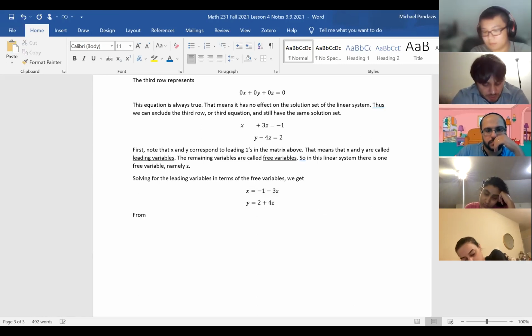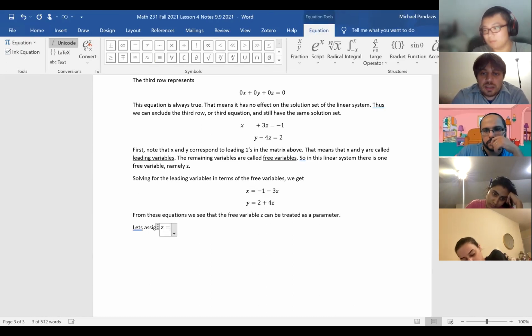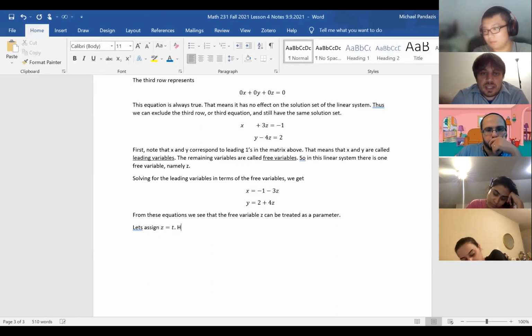From these equations, we see that the free variable z can be treated as a parameter. So let's assign z equal to t. Here, t is the parameter.